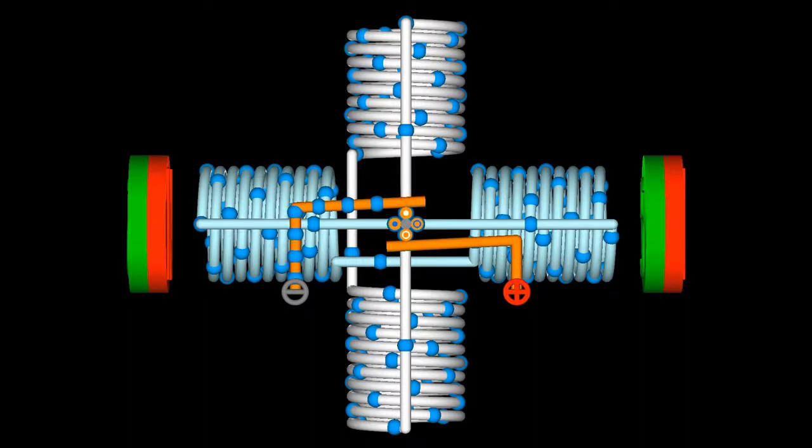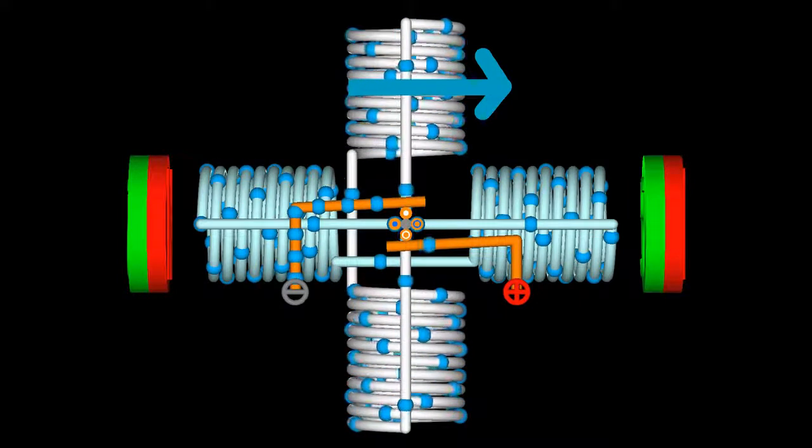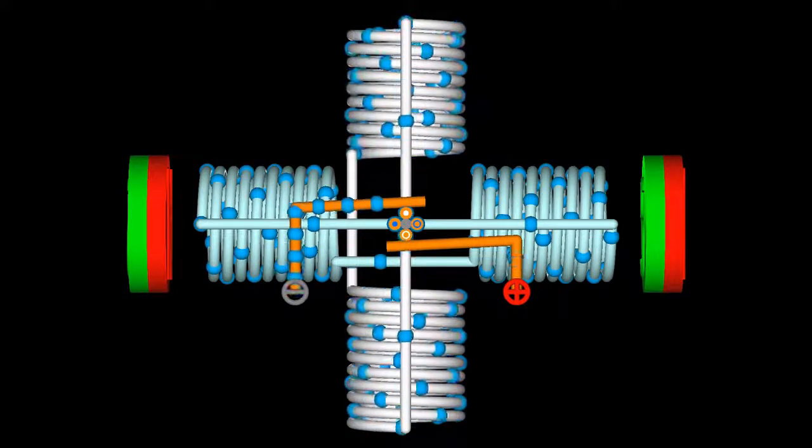The first thing to be considered is: what is the direction of electron movement at the front side of the vertical solenoids, from left to right or from right to left? If your thought was from left to right, you are correct.